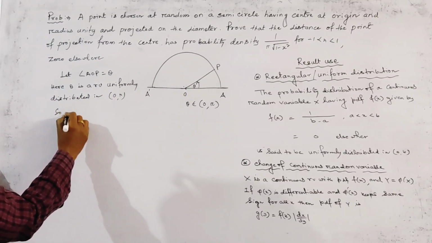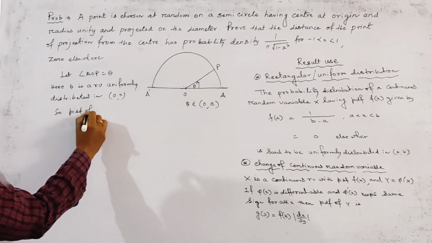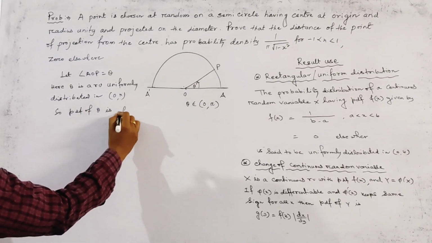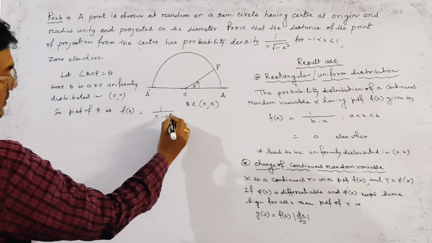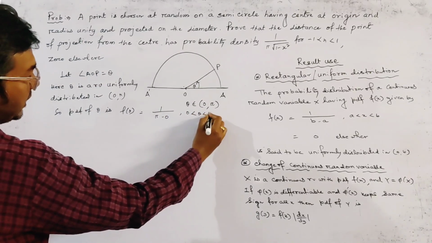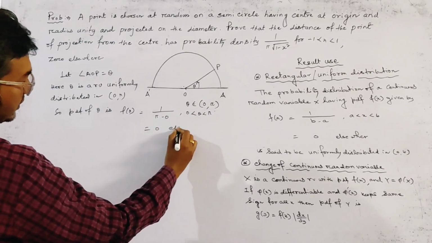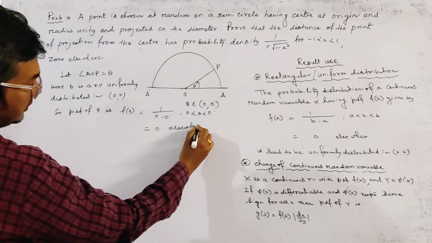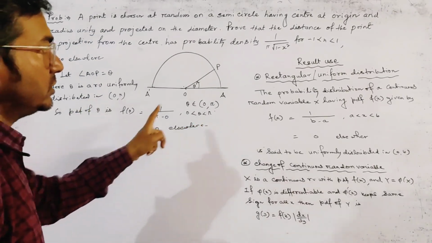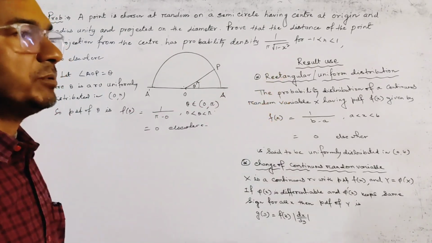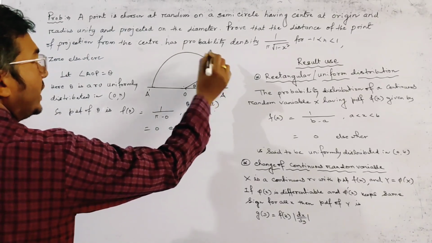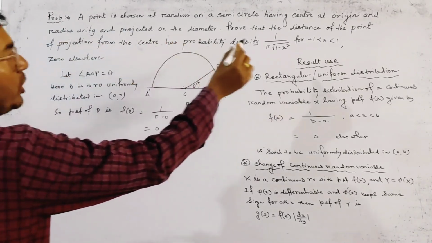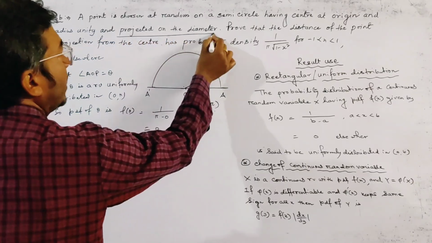So the PDF of theta is f(theta), which is 1 by pi minus 0 for 0 less than theta less than pi, and 0 elsewhere. We use the rectangular or uniform distribution here. Now it is given that this point P is projected on the diameter.